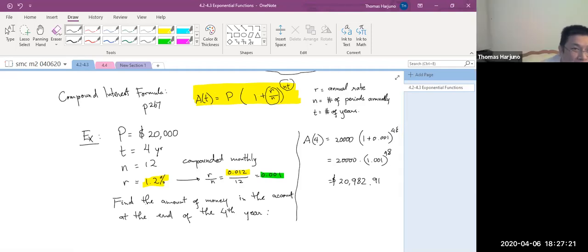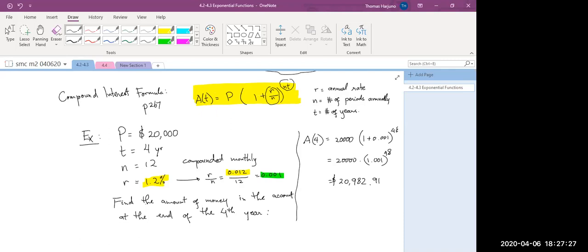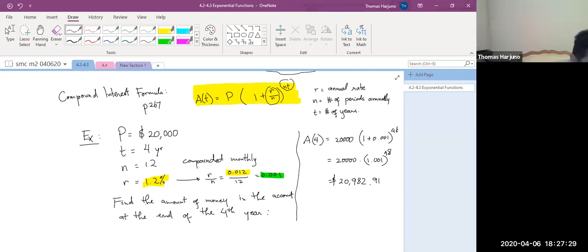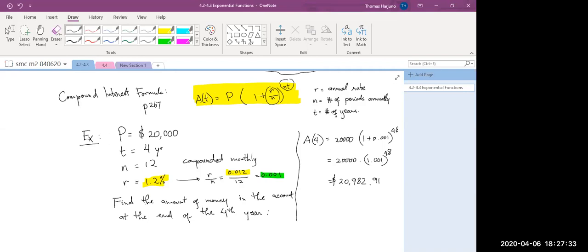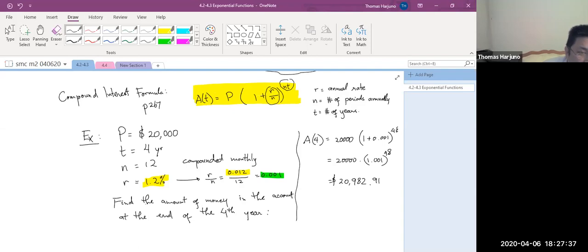If we are saving, I deposit my money to the bank, I want the interest rate to be higher. But if I am the one borrowing money, I want the interest rate to be low.